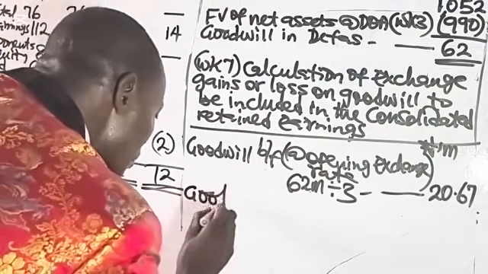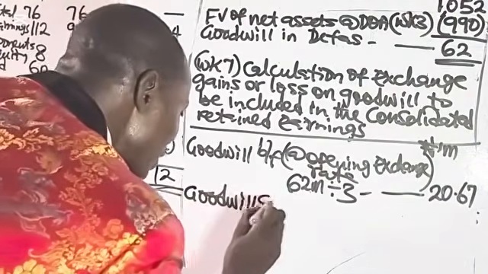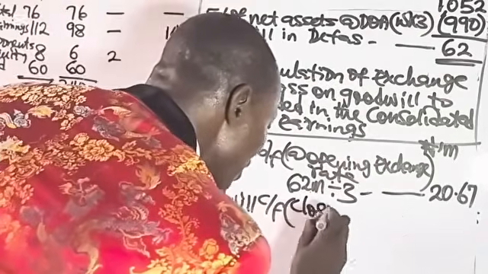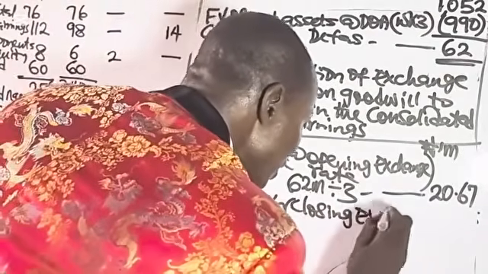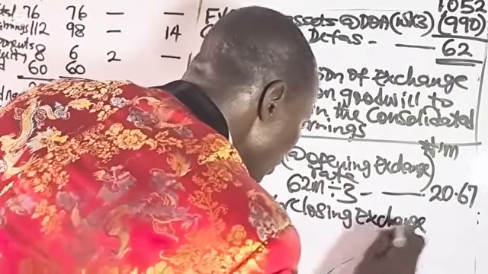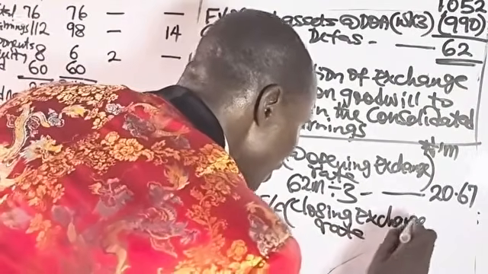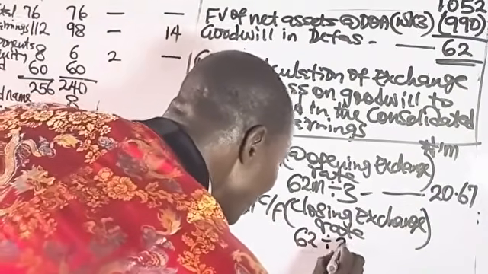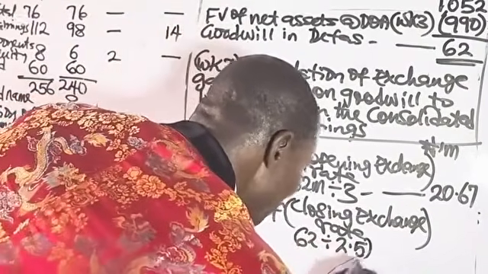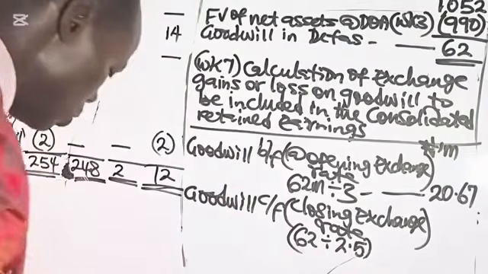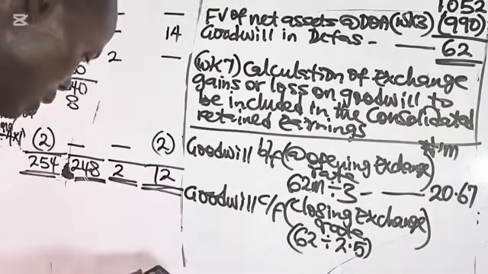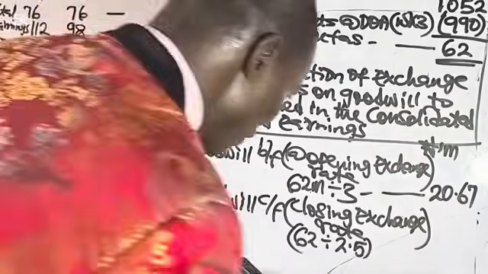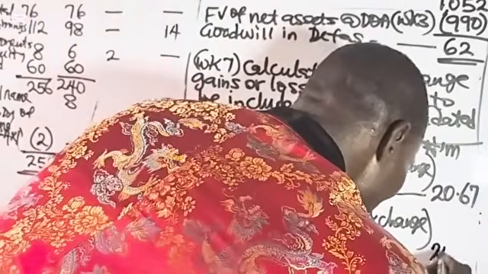Then you also calculate the goodwill at the closing exchange rate. Goodwill carried forward is at the closing exchange rate, and that will be 62 divided by the closing exchange rate of 2.5. 62 divided by 2.5 gives us 24.80.